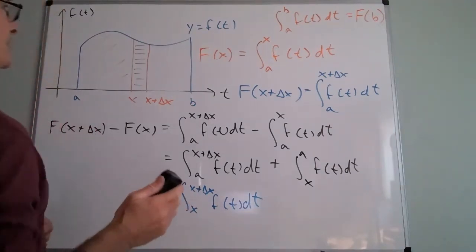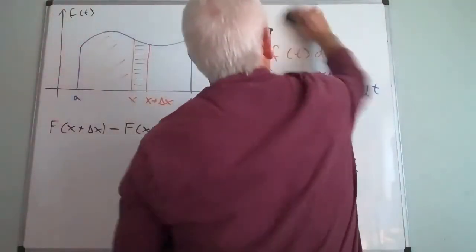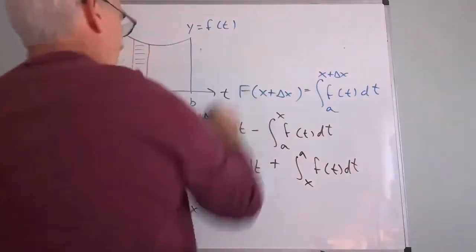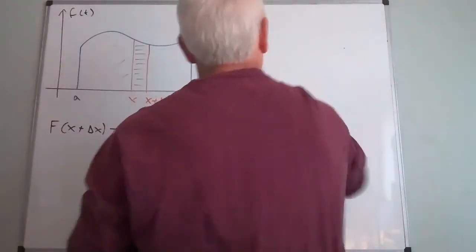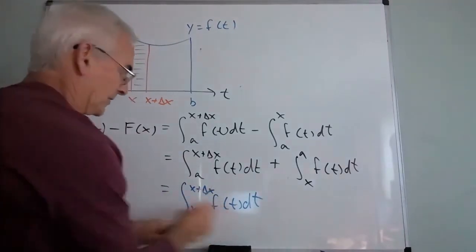So now what I'm going to do, sorry about it, I'm going to erase this stuff up here because I need the space. But we already have this now. I now have this difference is equal to this.